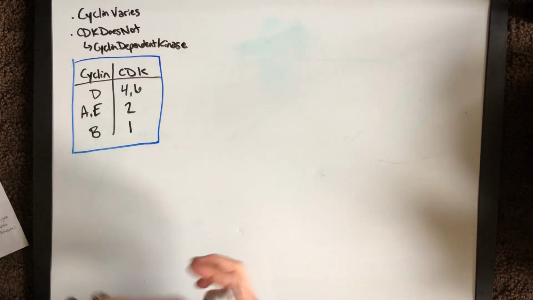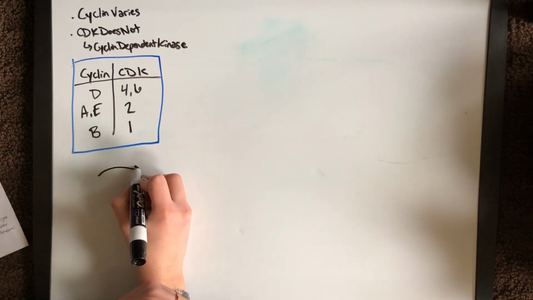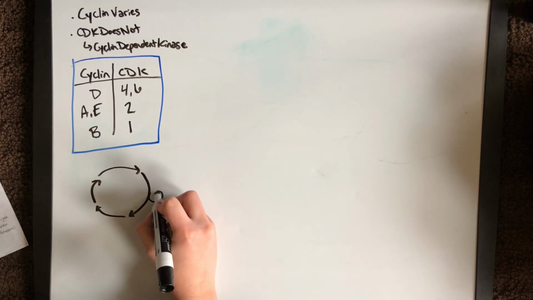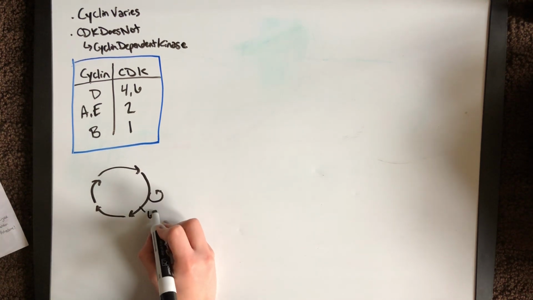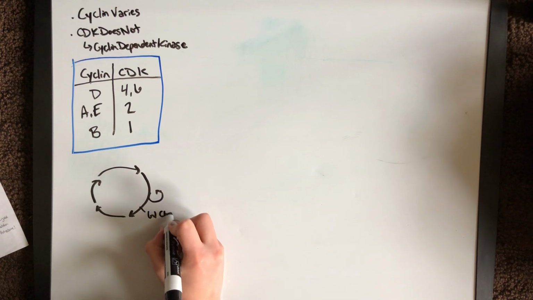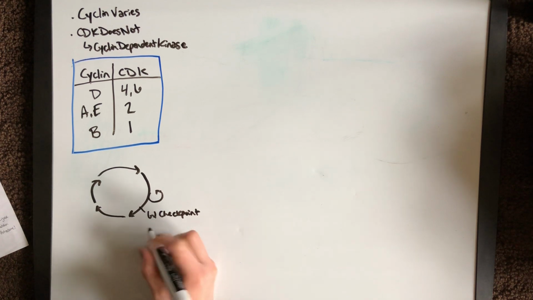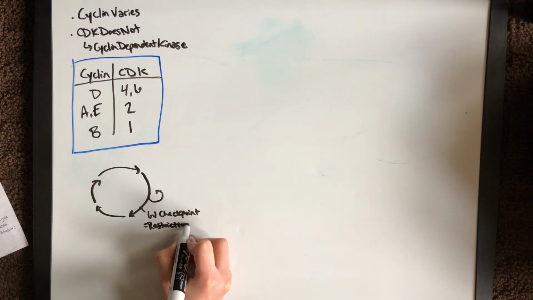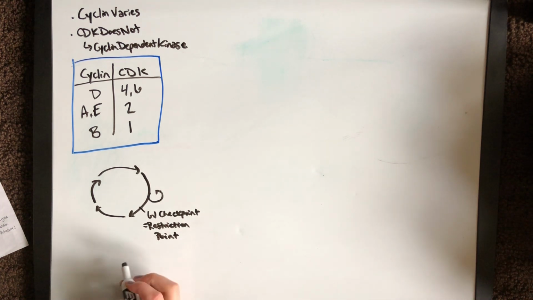Okay. And then just to have like our little cell cycle over here. So our G1 is the only one that its checkpoint has like a special name. So our G1 checkpoint can also be called the restriction point. And then the rest are just called checkpoints.